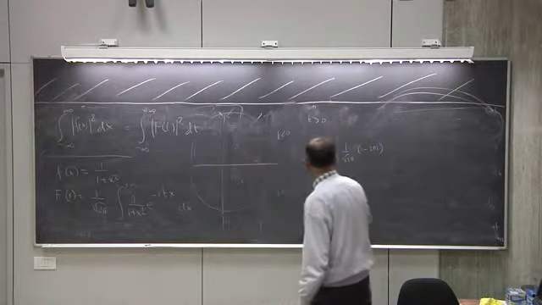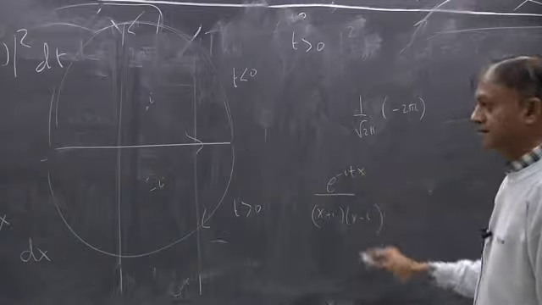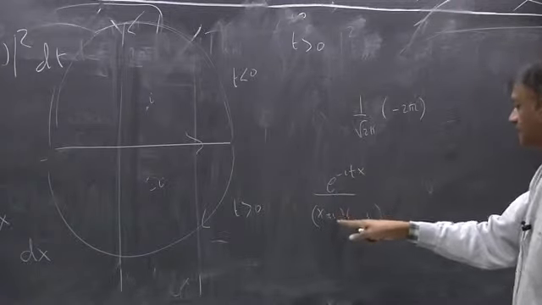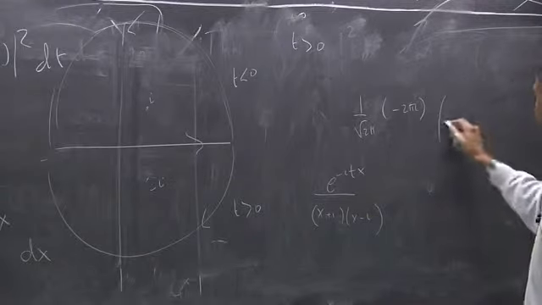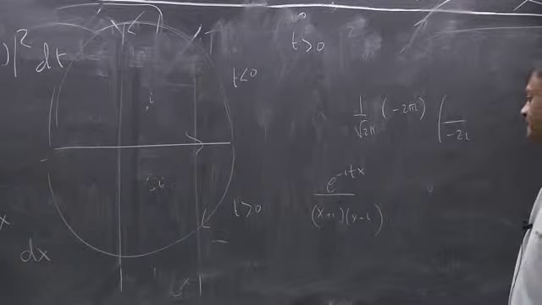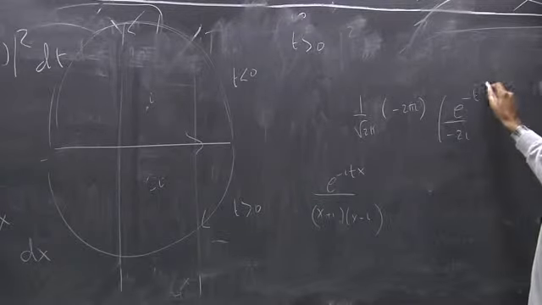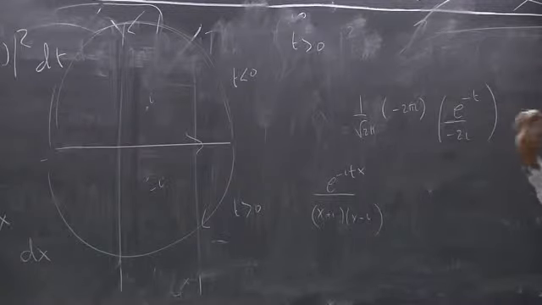That is x plus i times x minus i times e to the minus i t x. You just take x equal to minus i, so this becomes minus 2i, and that becomes e to the minus t. Yeah, I think that's correct.